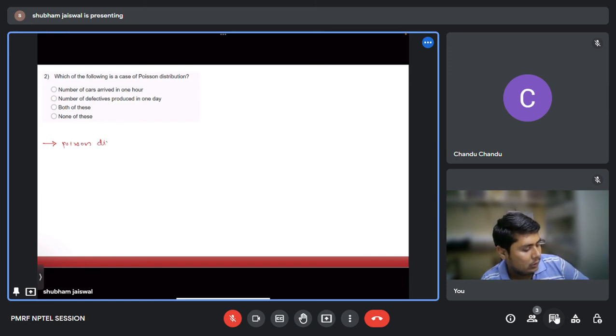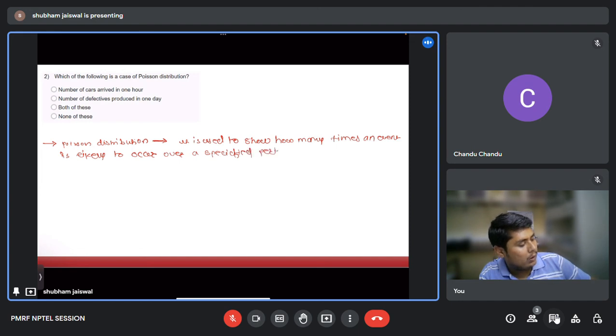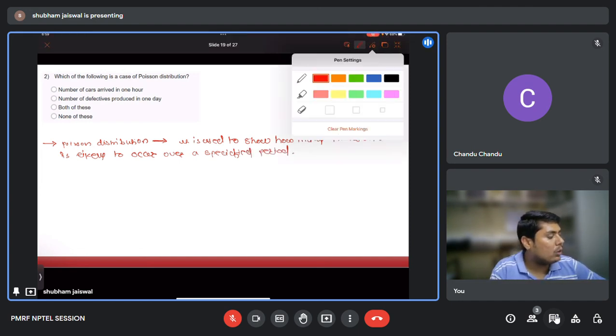Let's see why. The Poisson distribution is used to show how many times an event is likely to occur over a specified period. Focus on the words specified period.